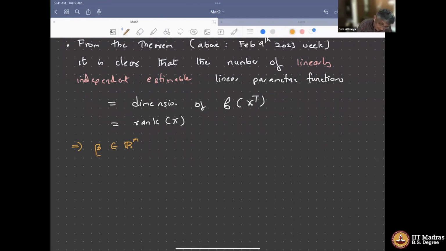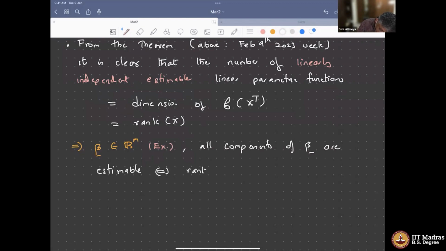That means, therefore, a simple exercise to think about: all the components of β are estimable if and only if the rank of X is n. So all components of β are estimable if and only if X is full rank, that is, the rank of X is n. And that's what we call it.